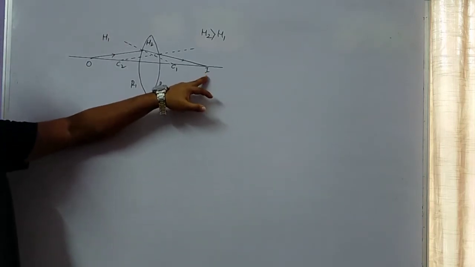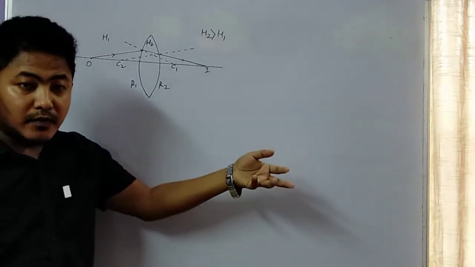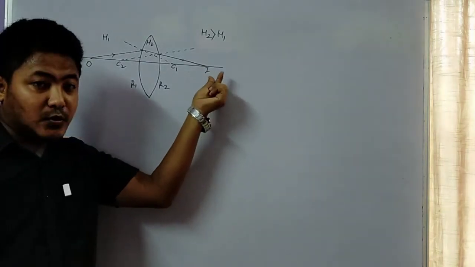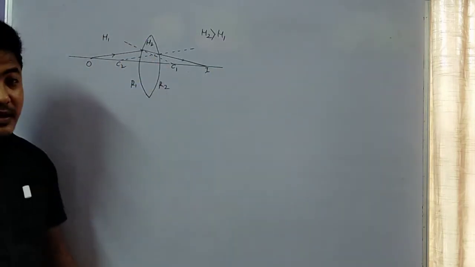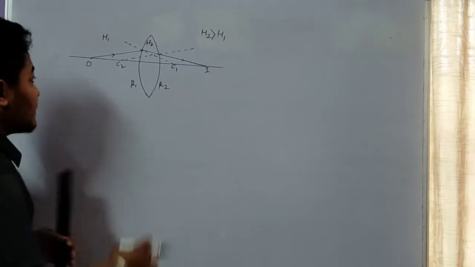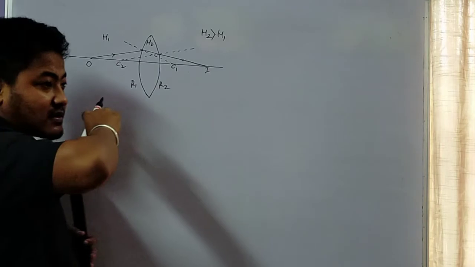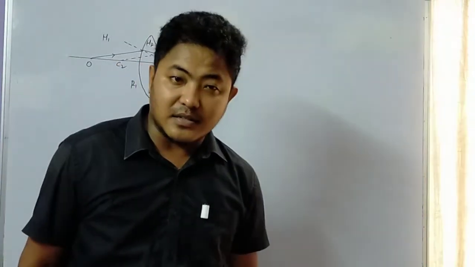This image I, which was the image for the first spherical surface, I told you, will now behave as the virtual object for the second spherical surface. Now this is the normal for the second spherical surface. I is behaving as the virtual object for the second spherical surface.